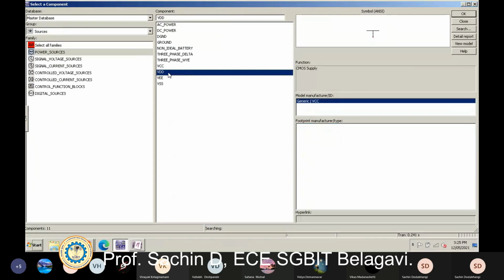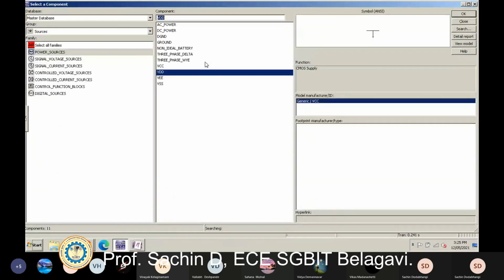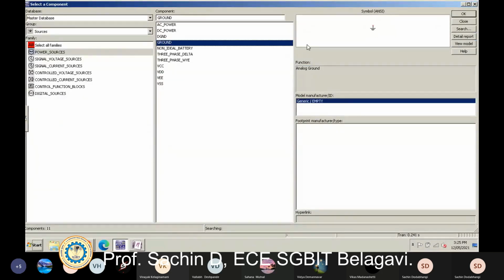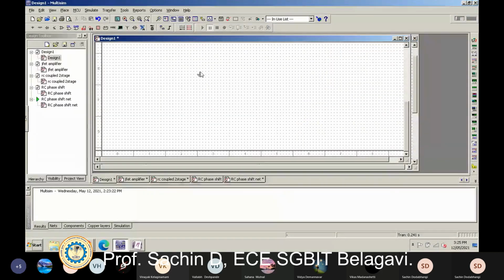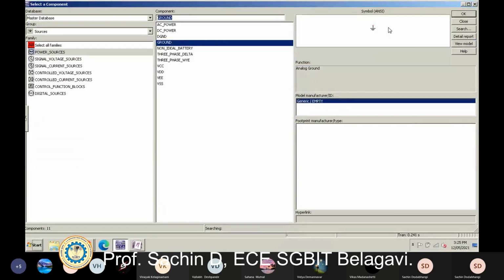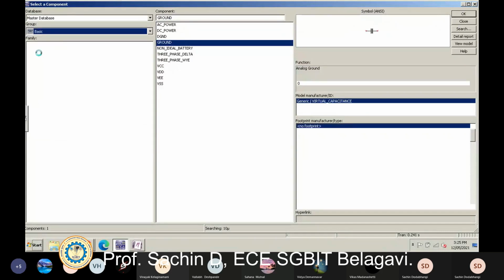In sources you can find VDD. I placed that VDD here. Ground is here, I place it below. Again, we need resistors. So go with basics.